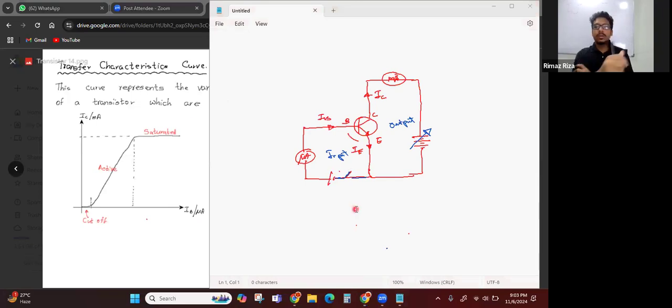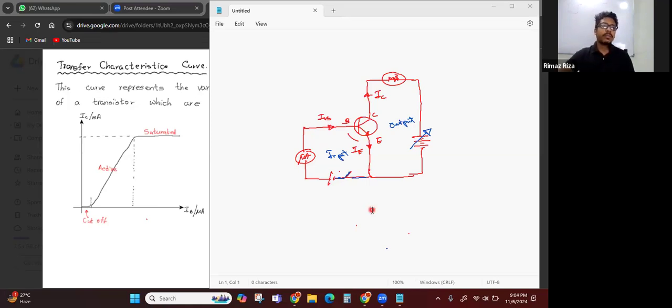Now if you take a normal switch, we can mechanically turn it on and off. But with an electronic chip, we can't operate it mechanically, right? Because moving mechanical parts occupy a large space. That's why early days computers were very big. But now everything we can handle inside the circuit.